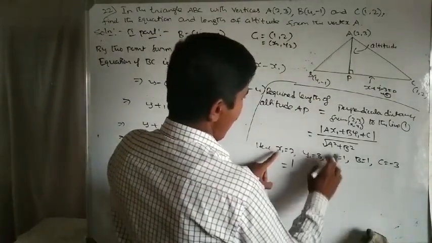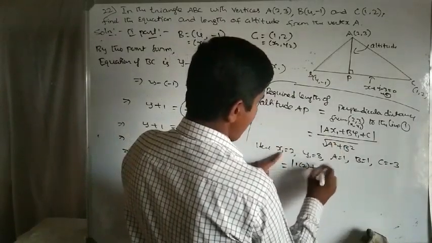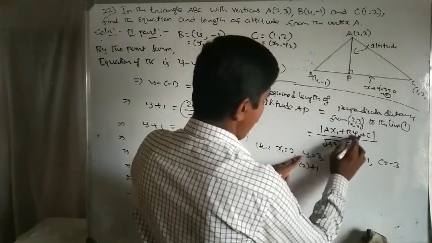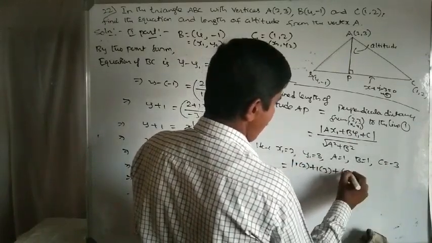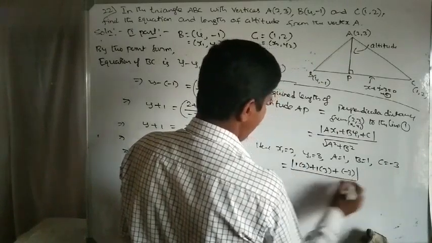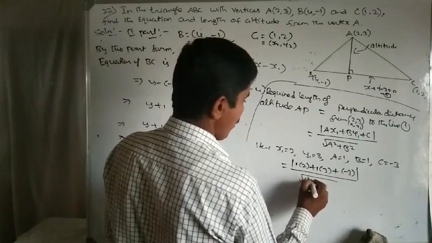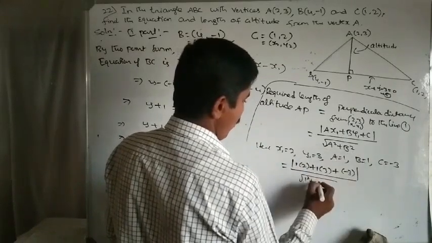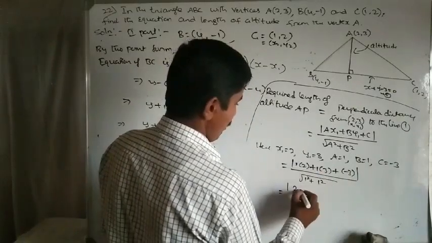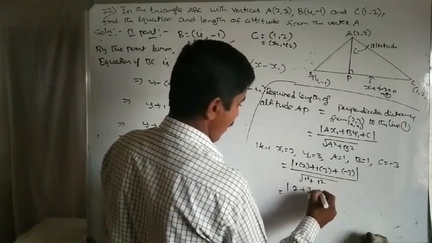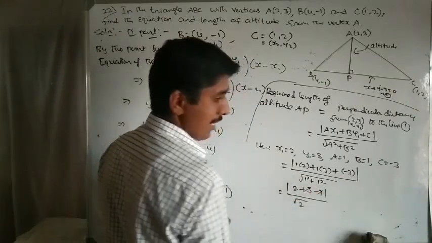Modulus of A equal to 1 times x1 value 2, plus B equal to 1 times y1 value 3, plus C value minus 3, divided by square root of A square plus B square, that is 1 square plus 1 square. 2 plus 3 minus 3, divided by root of 1 plus 1. 3 minus 3 gets cancelled.